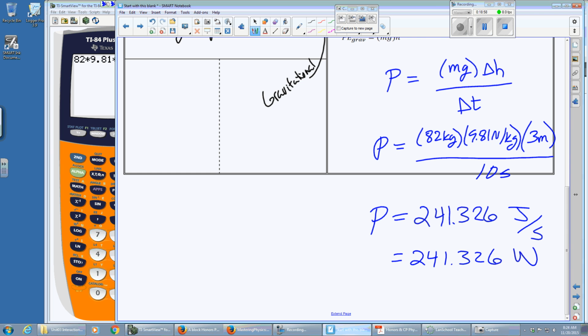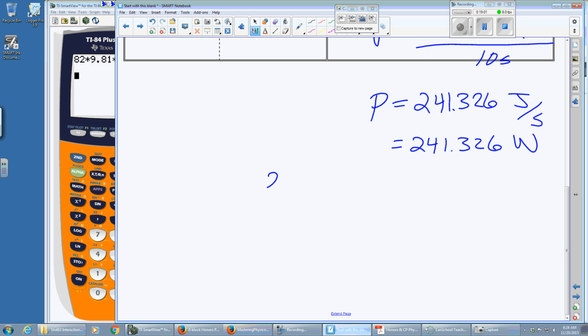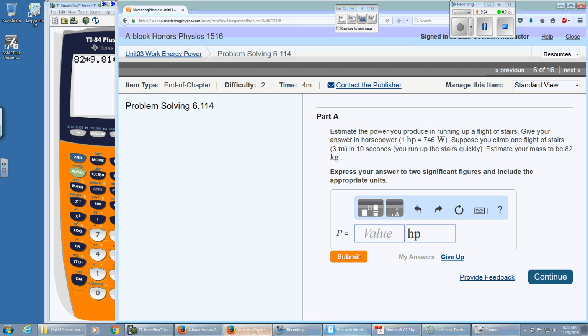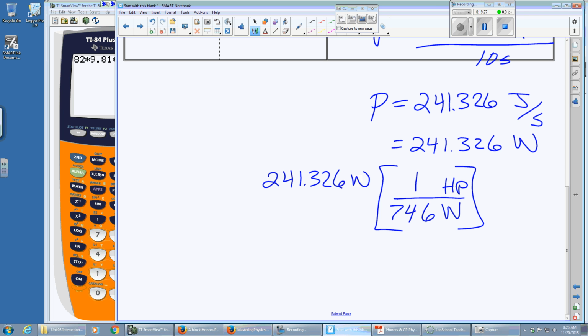So the way I think of doing conversions is I take whatever number I have, I multiply it by the number 1, since I don't want to change how much stuff I have, and I put what I want to keep on the top, what I want to get rid of on the bottom, and there's 1 horsepower and 746 watts. That makes the number 1, right? Because anything over itself is the number 1. And then I just do the math with that. And I figure out, well, that equals blank horsepower. And that should give you your problem.